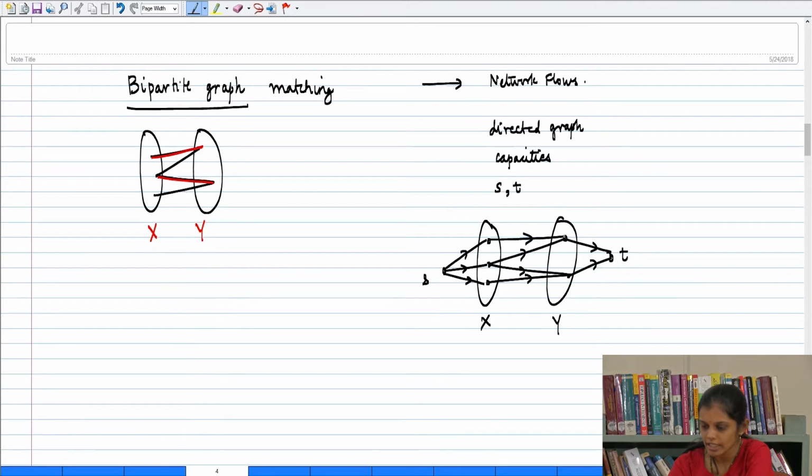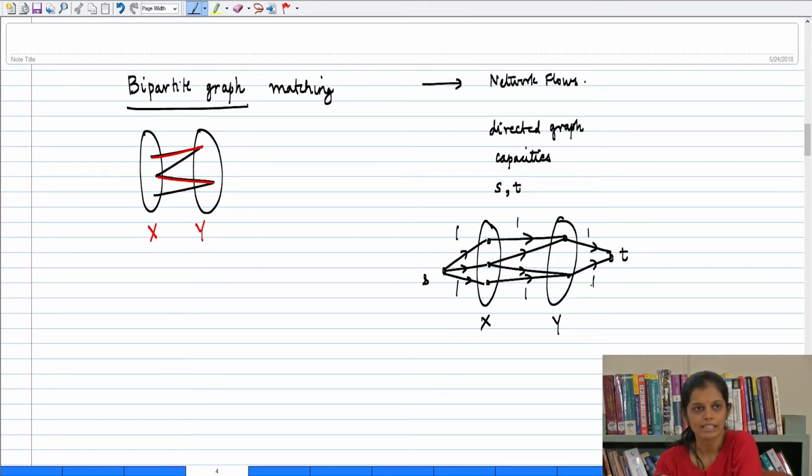For every vertex in Y, you add a directed edge from that vertex to T. Now what are guesses for the capacities of these edges? Maybe I will just start with 1. Okay, I will give a capacity of 1 for all these edges. So this is the suggestion; I will not write it everywhere, but all the edges are unit capacity.